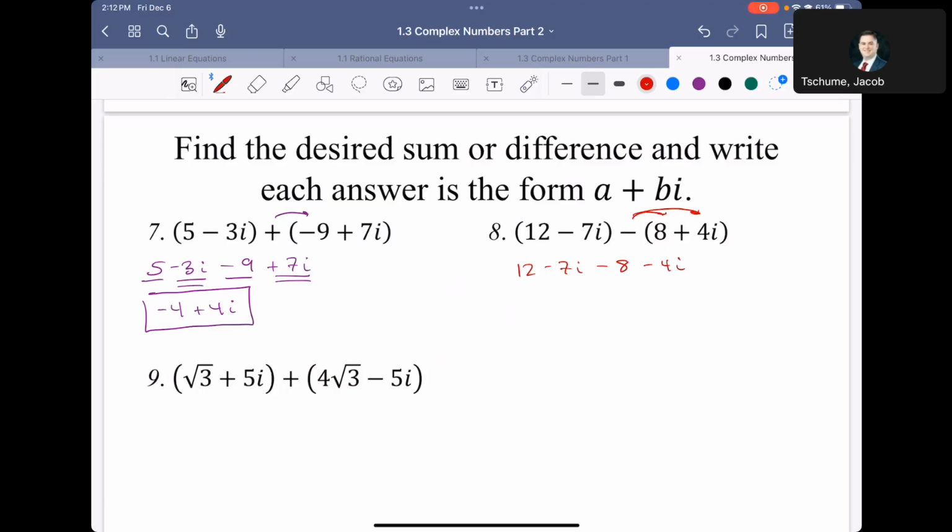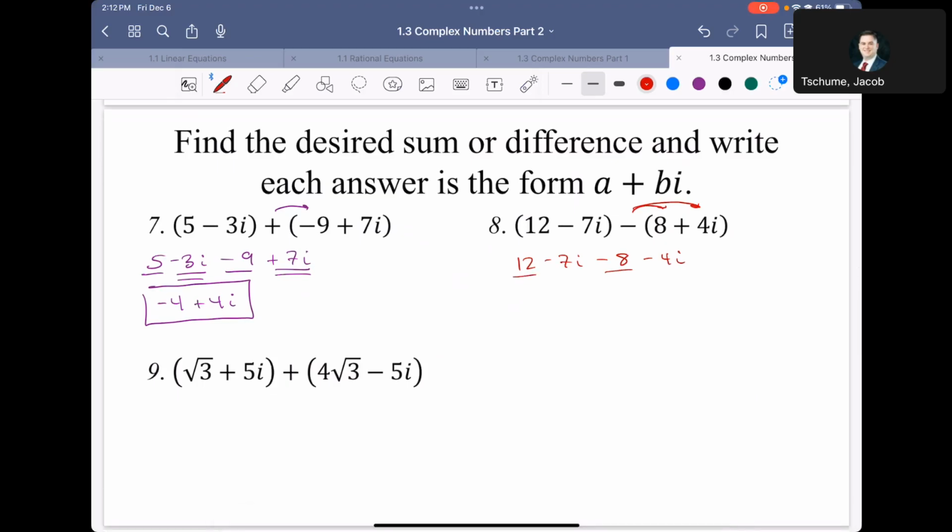If you combine your like terms, the 12 and the -8 go together to give you a positive 4. And then the -7i and the -4i, if you put those together, you get a -11i. And that would be your simplified complex number.